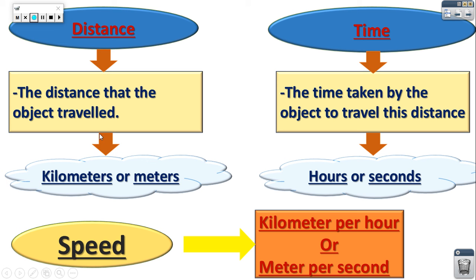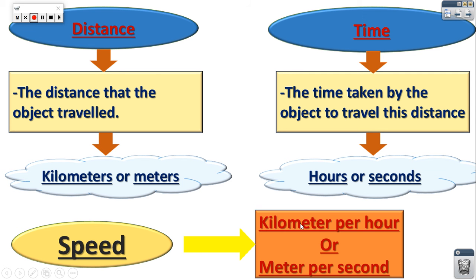The distance is measured by kilometer or meter. Kilometer for big distance and meters for small distance. But the time is measured by hours or seconds. Hours for a long time and seconds for a short time. So to calculate the speed, we must know the distance and the time of the object, right?